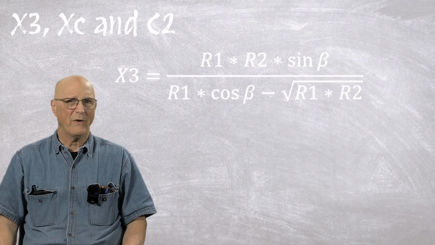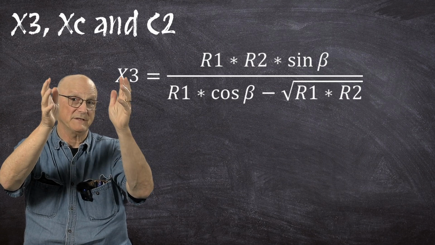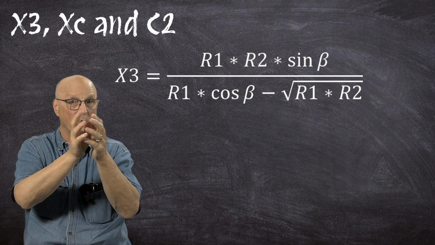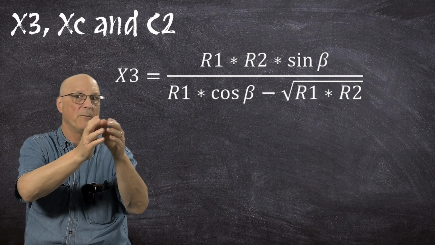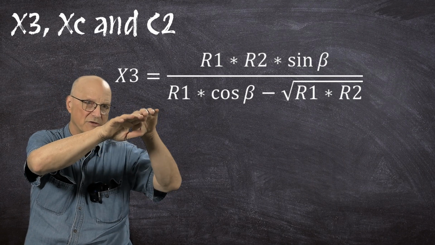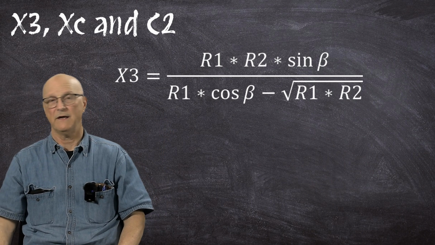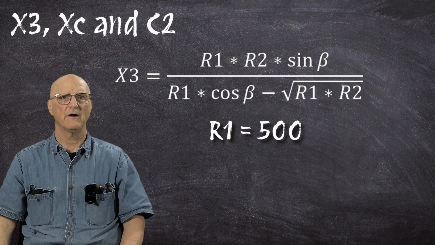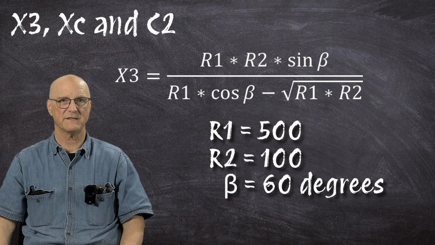And here's the equation for X3. We have R1 times R2 times the sine of the phase angle beta divided by R1 times the cosine of the phase angle beta minus the square root of the quantity R1 times R2. And we know, as before, R1 is 500, R2 is 100, and our phase angle beta is 60.